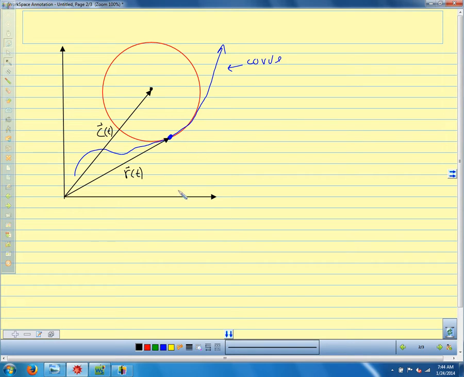Well, based on what we talked about yesterday, what vector that we're somewhat familiar with is going to point towards the center of the circle? The unit normal vector. So if the unit normal vector is pointing towards the center of the circle, how can I find the vector that goes from this point to the center of the circle? How long do we need that vector to be? The radius. So this vector is going to be the magnitude of our radius times our unit normal vector.